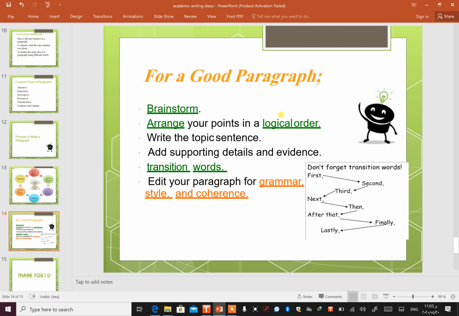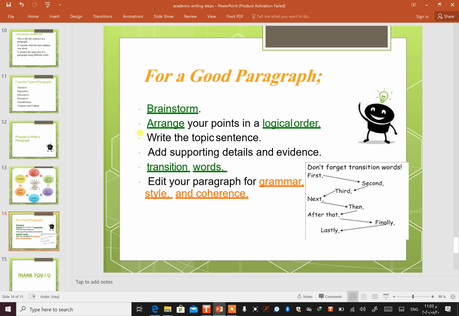For example, if the topic is about technology and its impact on our life, you have to choose what you're going to write about, maybe the smartphone. If I write about the smartphone, which thoughts, which points do I need to mention? So you have to organize them and then write them on paper or even type on the computer.